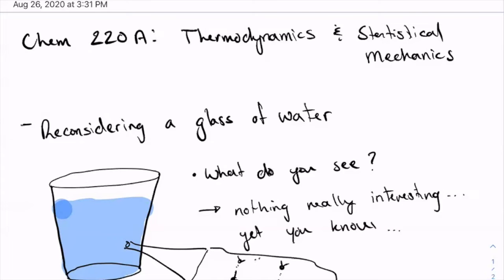In this case, if your tap water is like my tap water, largely H2O molecules. It's filled with tons of them, so many it's almost uncountable. That little glass of water that I filled up likely has about 10 to the 24 molecules in it.